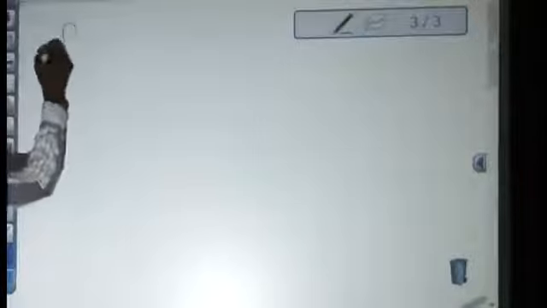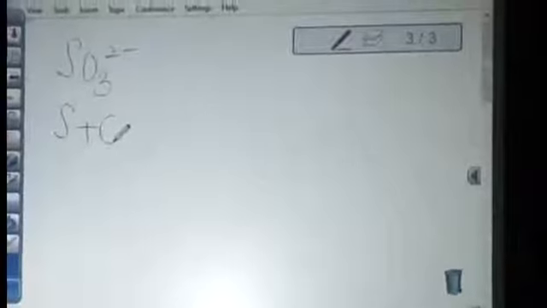Then the next one is SO3 2 minus. This is a radical ion. Remember we want to calculate the oxidation number of sulfur. Then we'll say x plus, what is the oxidation number of oxygen? Yes, correct, -2.